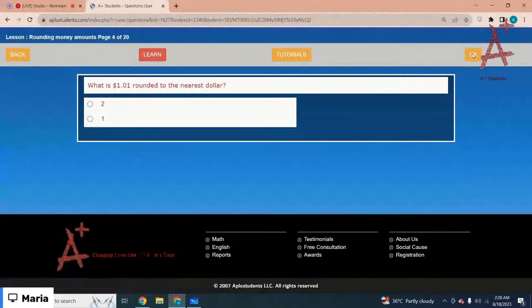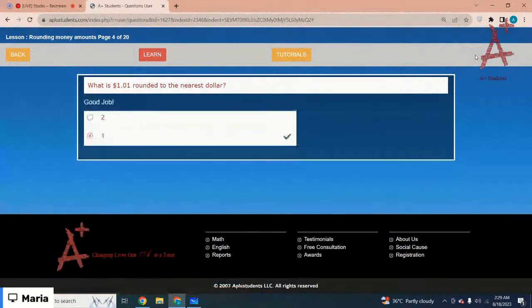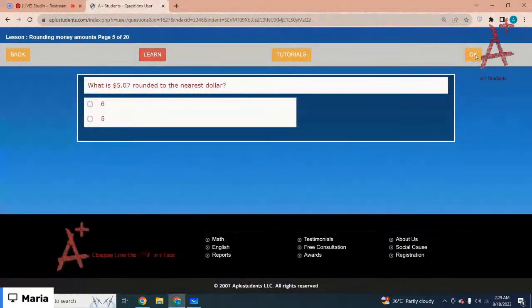What is 1.01 rounded to the nearest dollar? Which is the correct option? 1.01 is rounded off to 1. Very good. What is 5.07 rounded to nearest dollar?